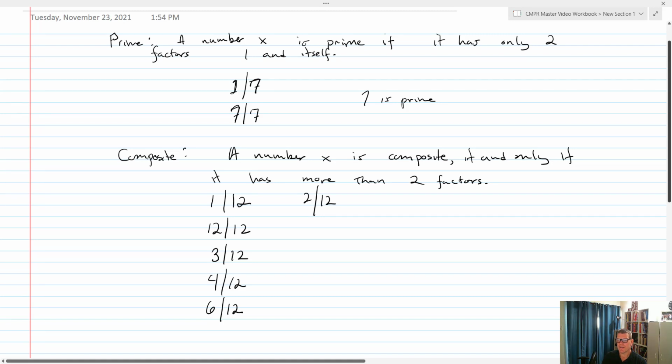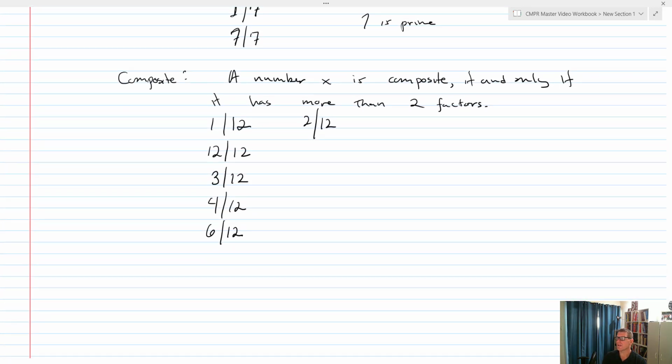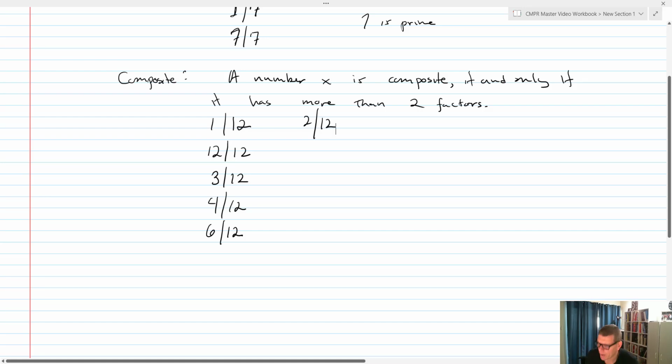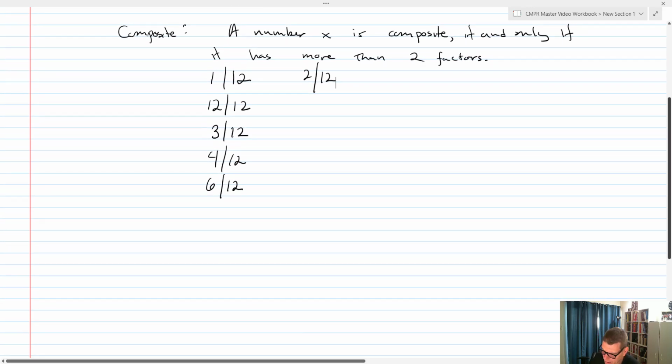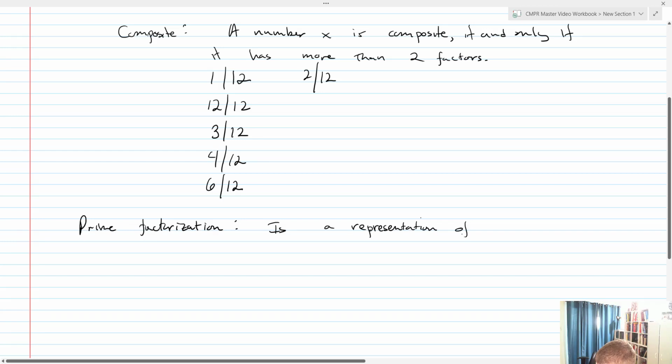So we're going to use these definitions of prime and composite in order to actually do something called prime factorization. And so I think the best thing to do is to talk about what we're trying to do with prime factorization. Prime factorization is a representation of all of the prime factors of a number x.